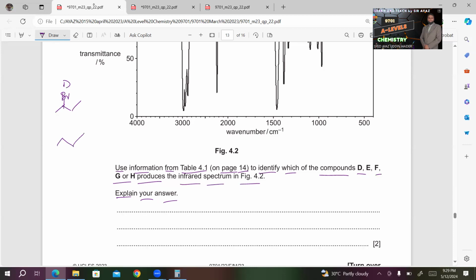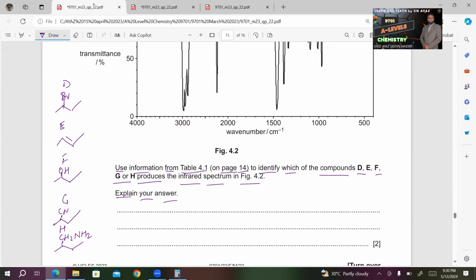E is this. What about F? There's OH. G, there's CN. H, there is CH2NH2. So these are the functional groups we have.